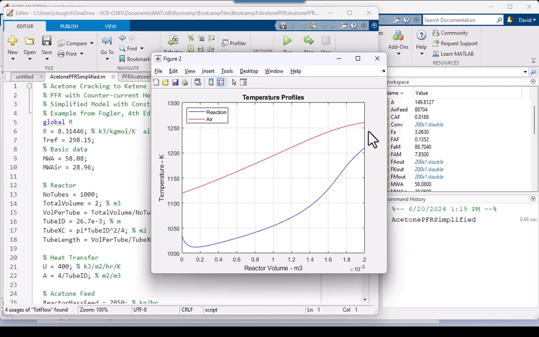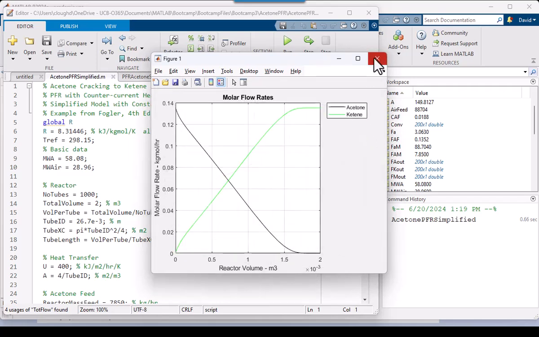So we have not met the requirement for the 2-point boundary value problem yet. We're off a bit. So we have our molar flow rates for acetone and ketene, acetone being depleted, ketene being created, all right? So that's what that looks like.